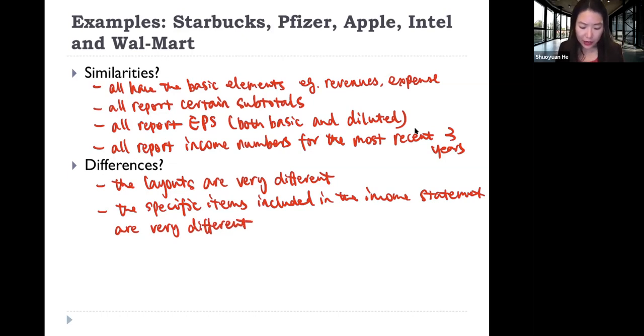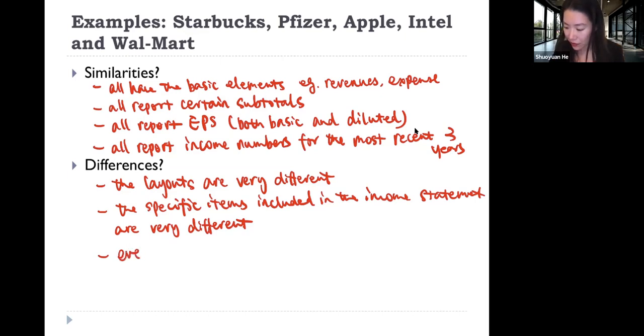And then the third difference is some of the items, if you look in detail at those income statements, you may notice that some of the items represent the same thing, but they may be named differently. Let me first write it here, and then we are going to go look at the income statement, and I will point it out for you.